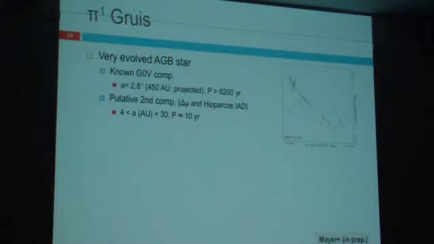And this only happens if you have a companion that is separated by, let's say, 4 to 30 AU, and the period must be 10 years. So there's no way that this known main sequence companion, which has over 6,000 years, produces this movement. So it could be that Pi-1 is a triple system.